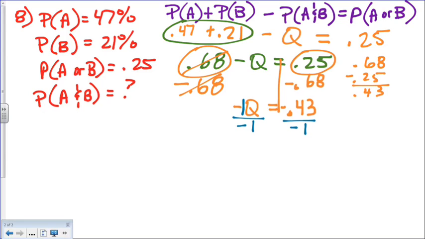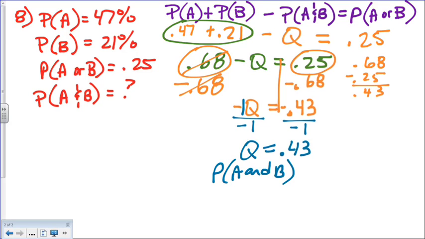So negative 1 divided by negative 1 is positive 1, or just positive Q, equals negative 0.43 divided by negative 1, which becomes positive 0.43. And what does Q stand for? Q stands for the probability of A and B. So the probability of event A and B happening is 0.43.